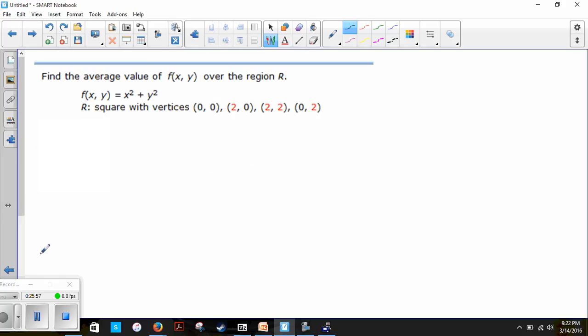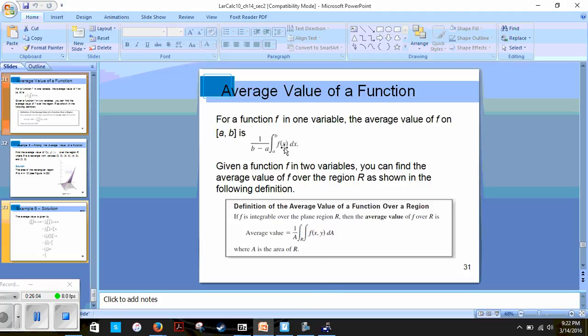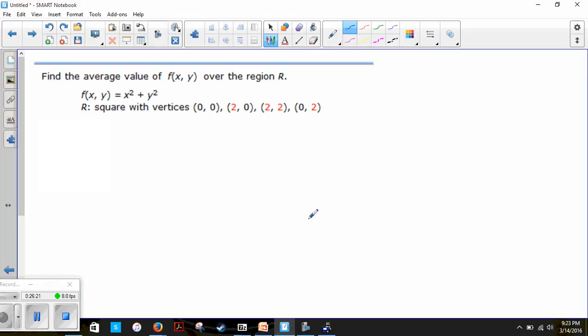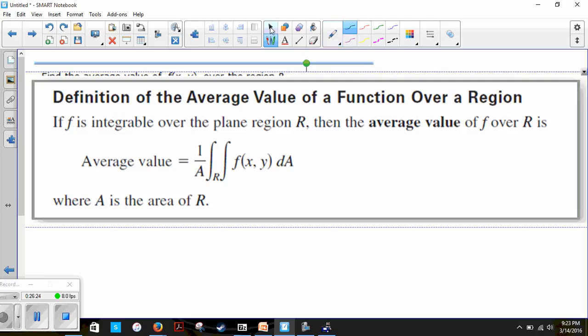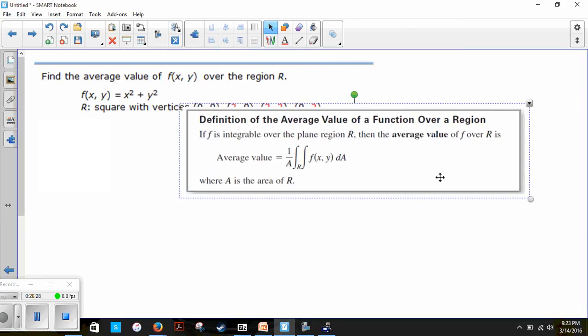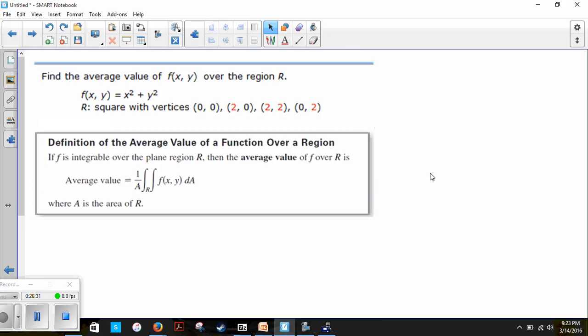Oh, last one. Find the average value. Okay, so you're going to do the same thing. The average value formula, here we go, is this. Integrate, and then you multiply by 1 over A, where A is the area of R. Let's stick him right here, just like that.